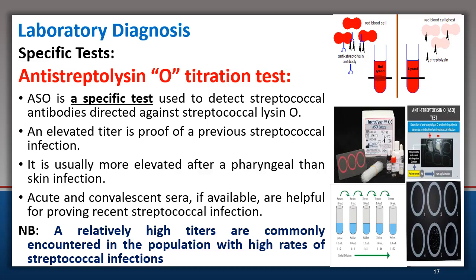These units refer to the person who first did the test, in 1932. Acute and convalescent sera, if available, are helpful for proving a recent streptococcal infection. We must know that relatively high titers are commonly encountered in populations with a high rate of streptococcal infection, so it differs from one area to another, endemic or non-endemic for rheumatic fever.